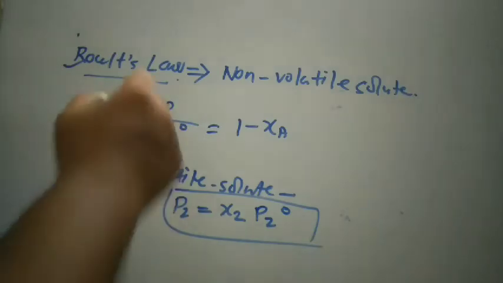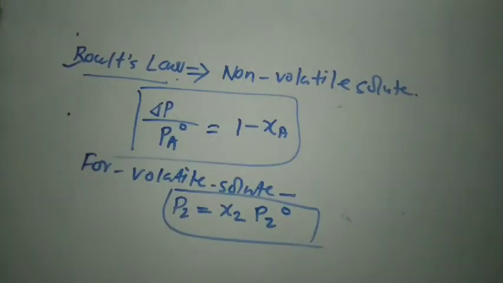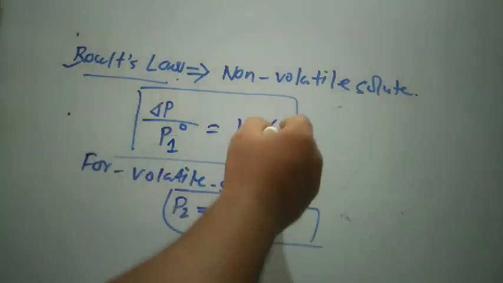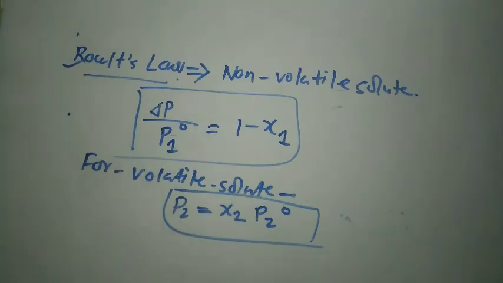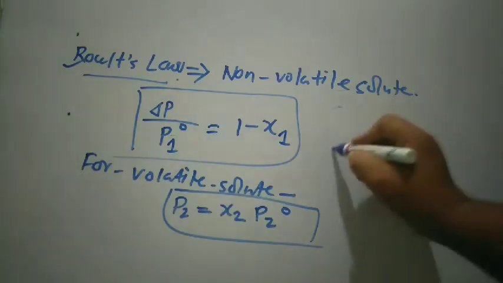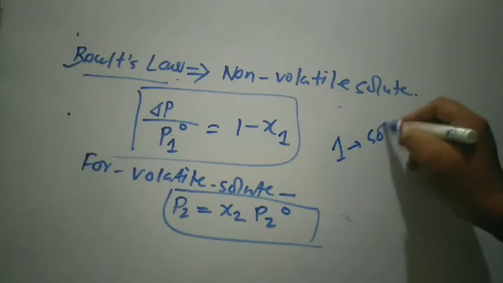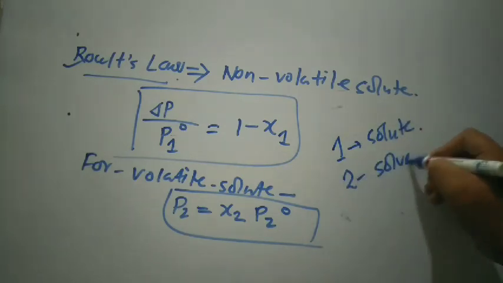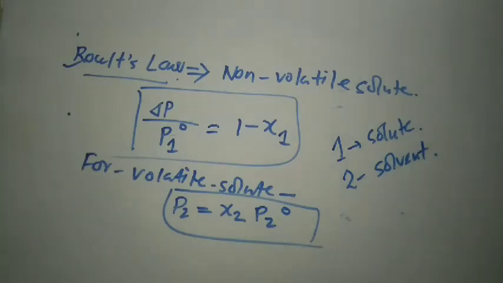Okay, so these are the two forms. You can use A, or you can use 1 for A. I mean to say that 1 represents solvent and 2 represents solute. So for volatile and non-volatile, and for volatile also, P1 equals X1 into P1^0.